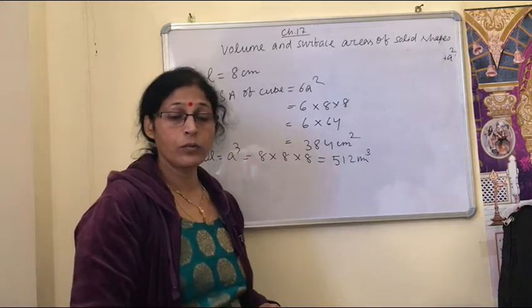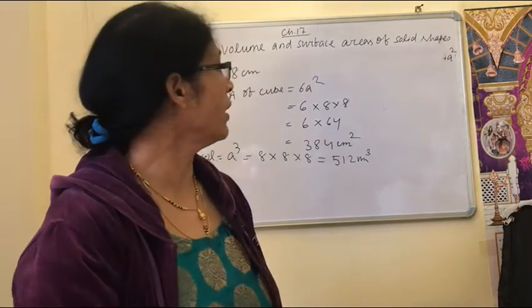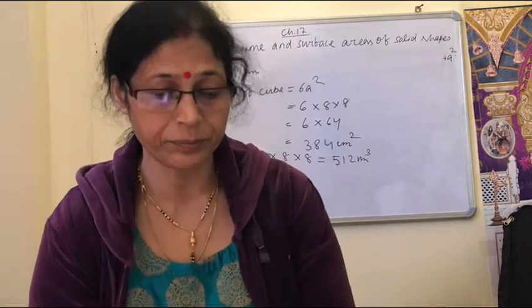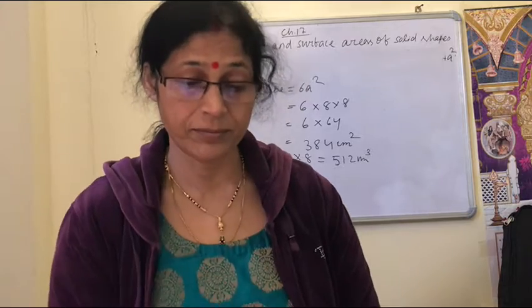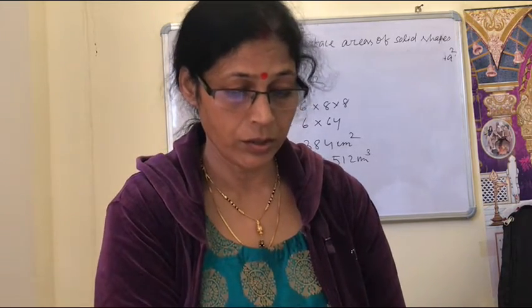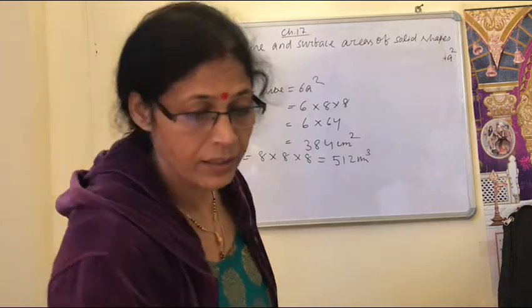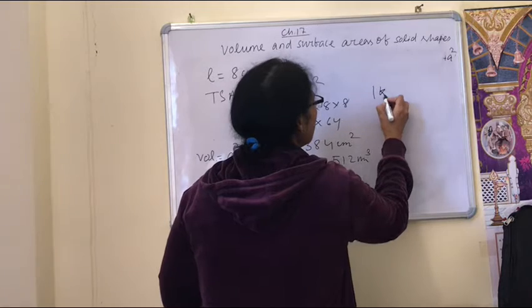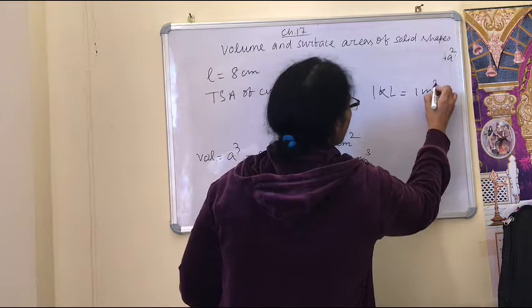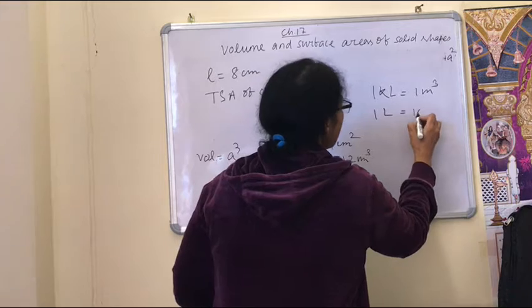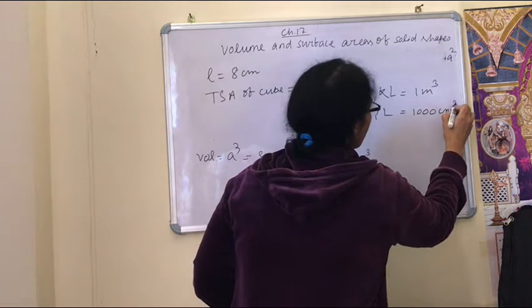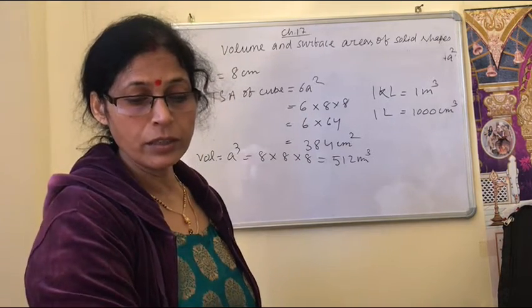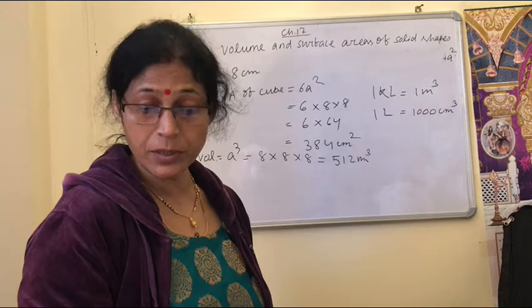One more thing: 1 liter is 1000 centimeter cube. You have to remember that 1 kiloliter is 1 meter cube, and 1 liter is 1000 centimeter cube.